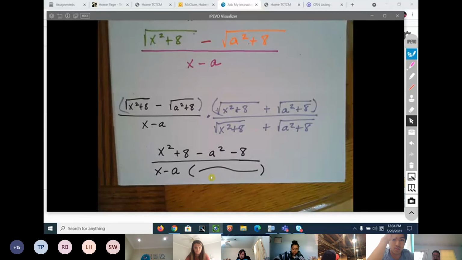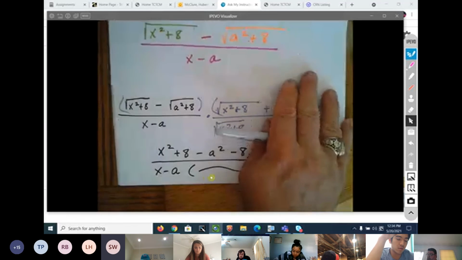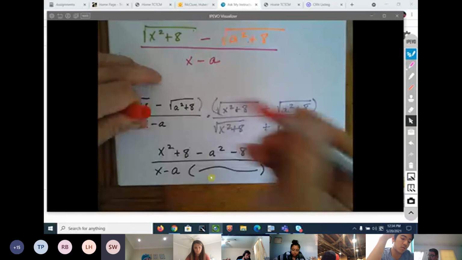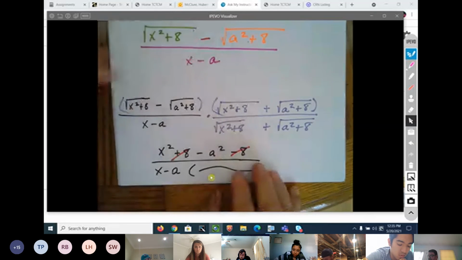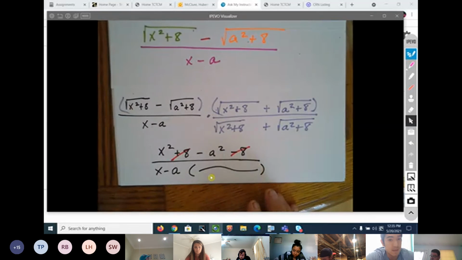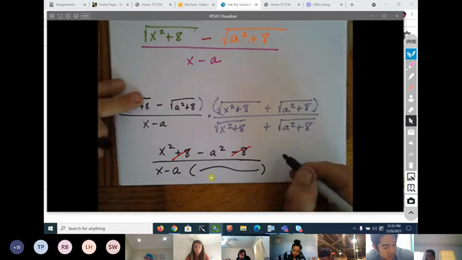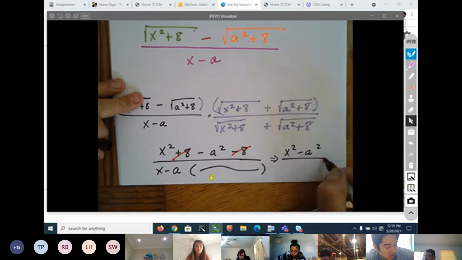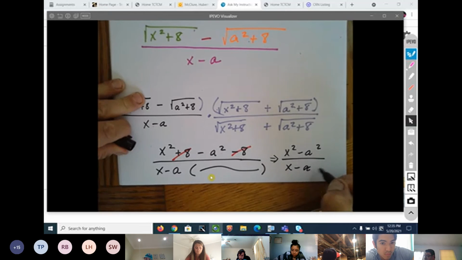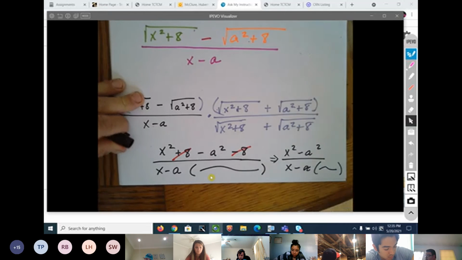And what happens to the top? It cancels. The 8's cancel. That leaves us with shortcut number 3 on the top: x squared minus a squared over x minus a times all that trash.